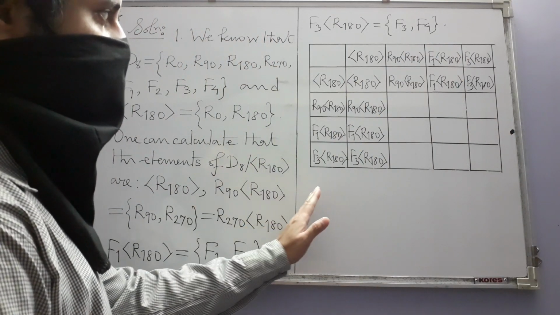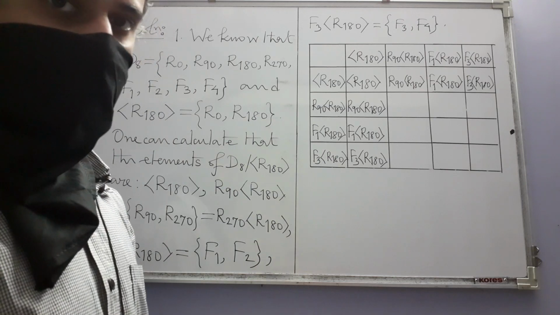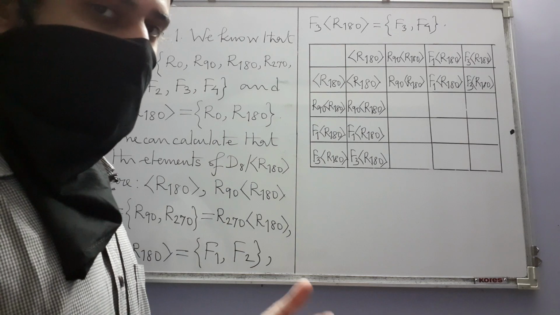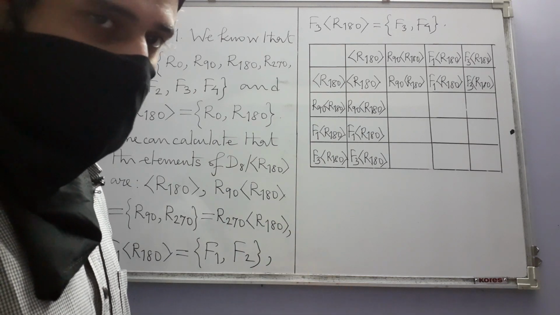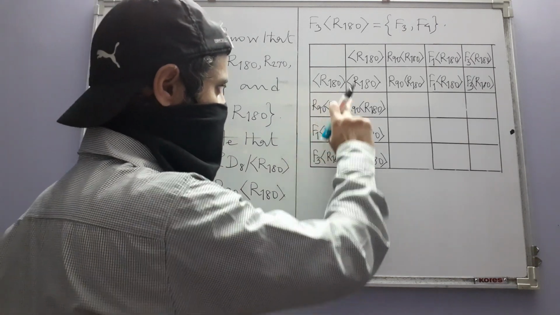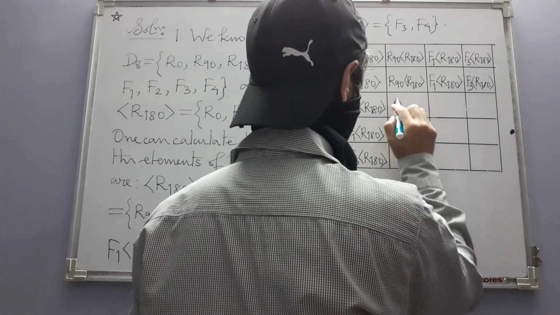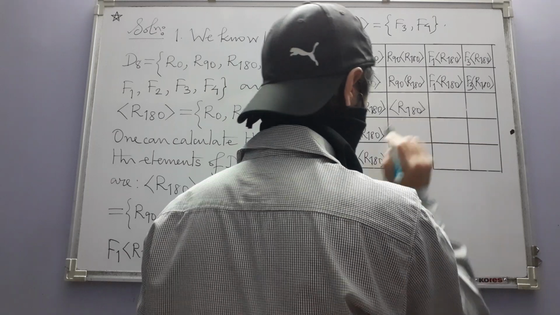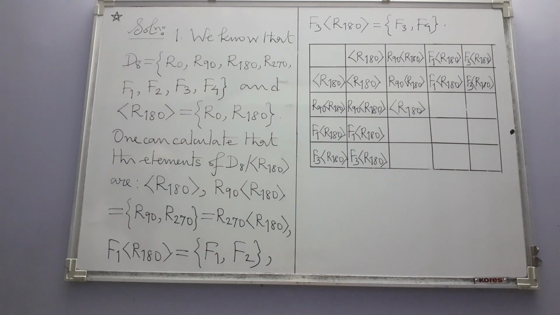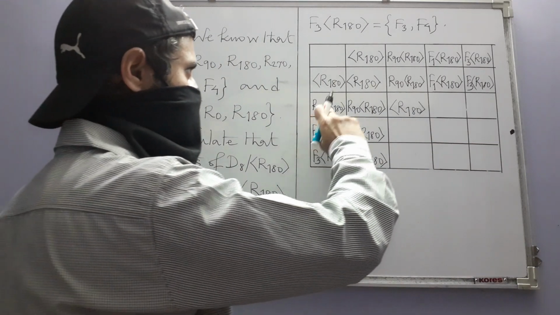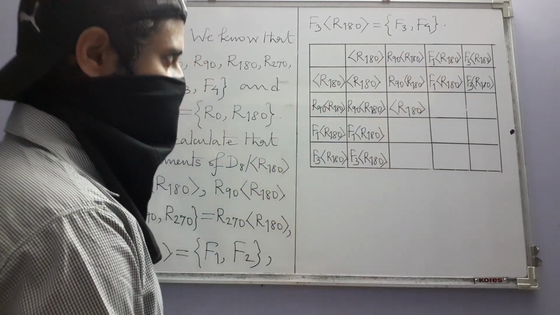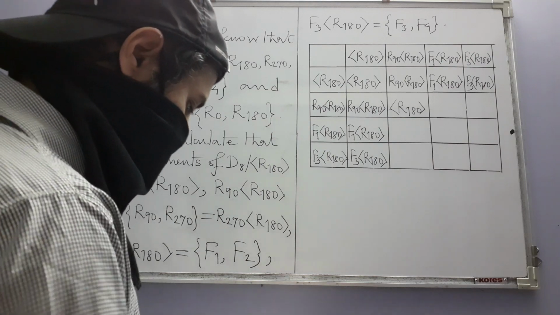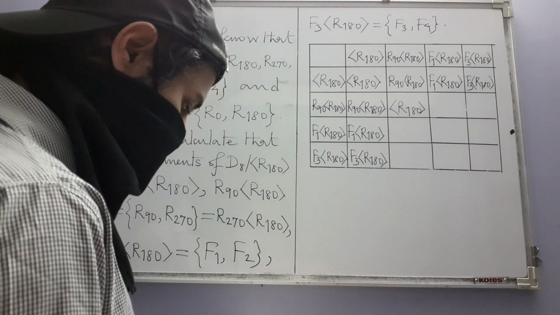By the definition of such a product of two cosets, that is R90 R90 R180, but R90 R90 is R180 itself, which belongs to this group, so it is nothing but the subgroup itself. The next one is this times this, which requires us to know what R90 F1 is, and that turns out to be F3.